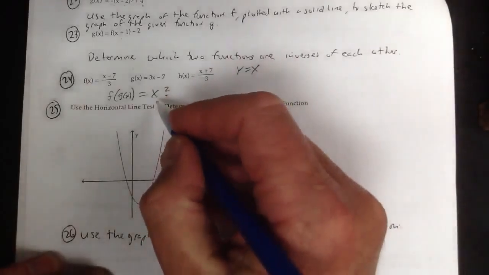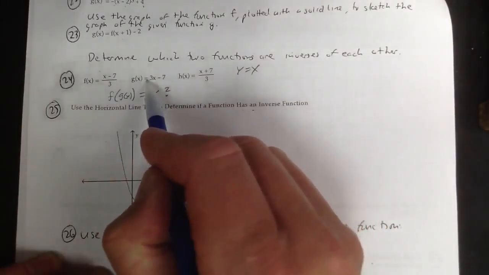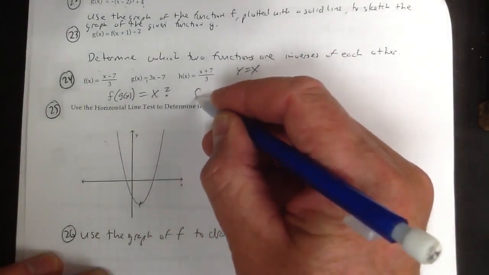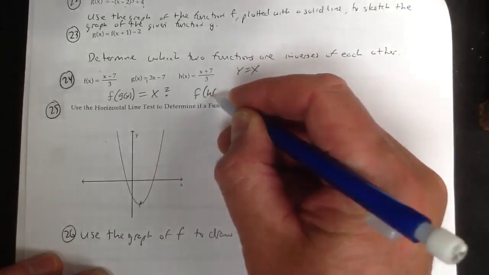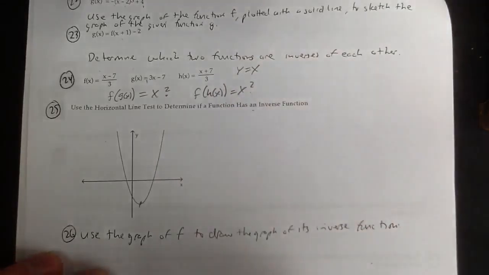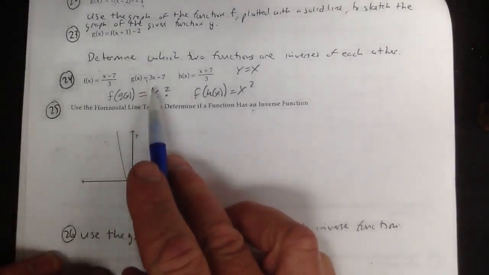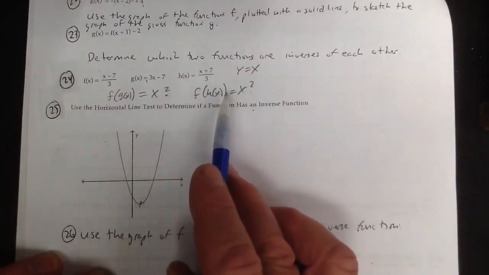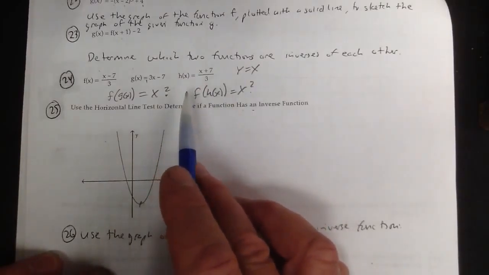If the answer is yes, then these two are inverses of each other. Well, what if that doesn't work? Then we can try the next one. Does that equal x? Yes or no? Again, if it's yes, then they're inverses. If no, then they're not. Okay, that's one way to do it.